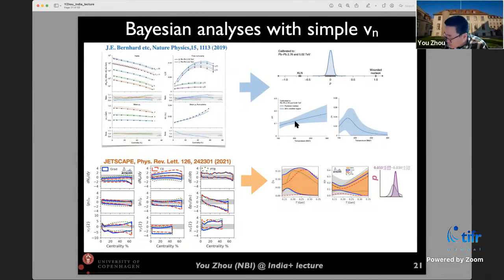And I think there was some early work also at the top RHIC energy, but as far as I know, unless I missed something, there hasn't been any study for example at BES. It would be quite interesting to see if, when you do the Bayesian analysis with a beam energy scan, they can see different behavior at different energy. But I haven't seen any of this calculation yet.